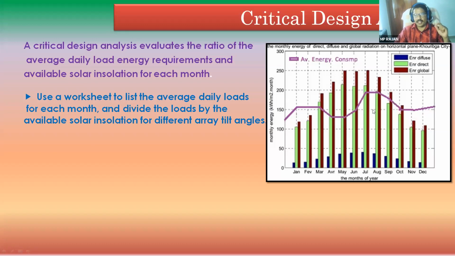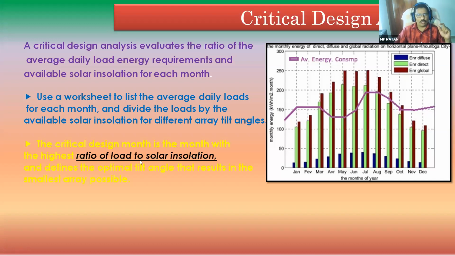Now we have to take a ratio of load to the solar insolation. The higher the ratio value, the greater the requirement. So you have to go by the ratio. If the ratio is high, you have to take that particular month's load requirement.